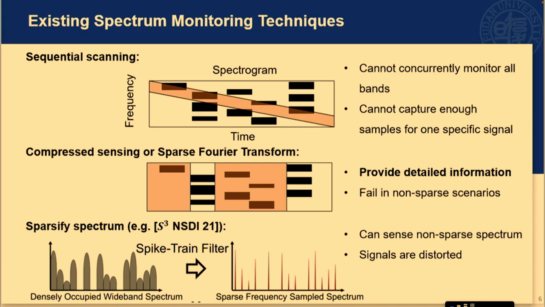Some other techniques such as S3 from NSDI-21 can perform non-sparse spectrum sensing, but during signal processing, these signals are distorted, so S3 cannot provide deeper inspection such as demodulation or protocol decoding.